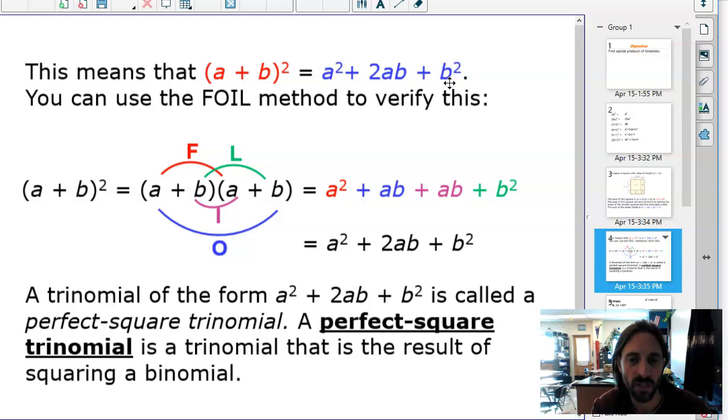This is called a perfect square trinomial. And the reason you want to see this now is that in the next chapter, we're going to back these things out. We're going to work backwards to figure these things out. So where I'm going with this is, notice the FOIL pattern always leads to the same result: the first term squared, 2 times the first and the last term combined together, and then the second term squared.